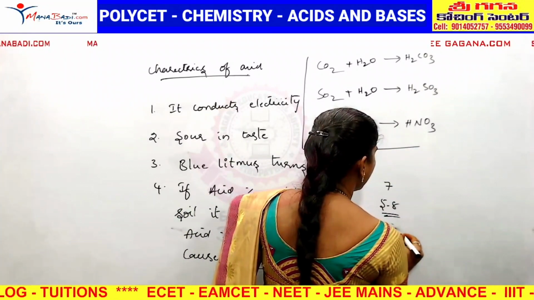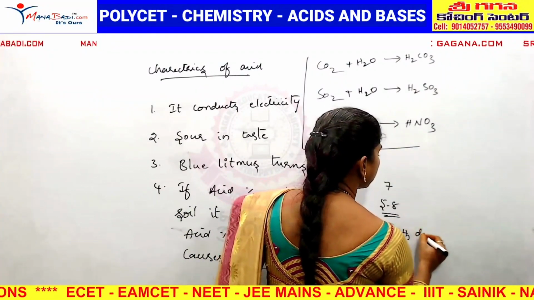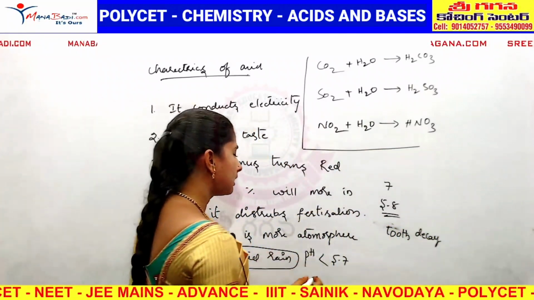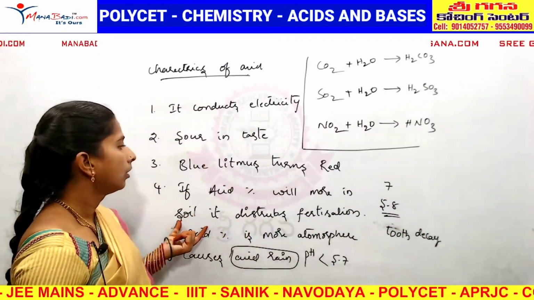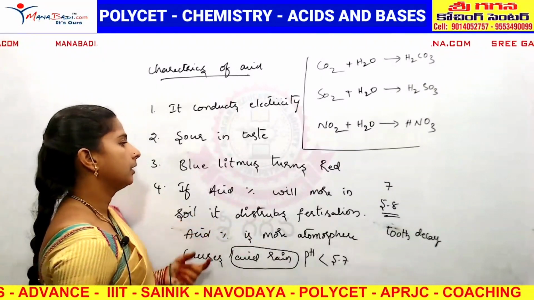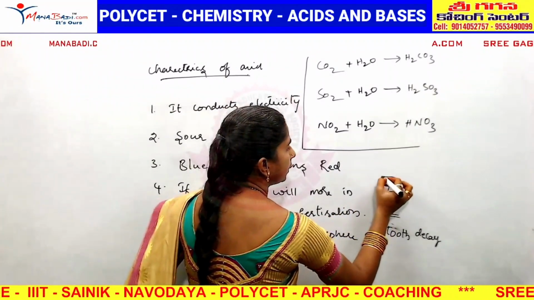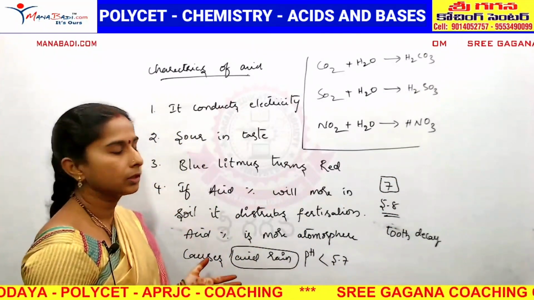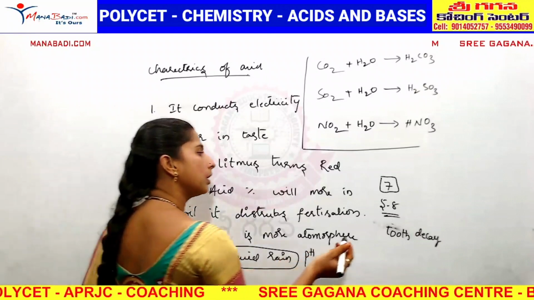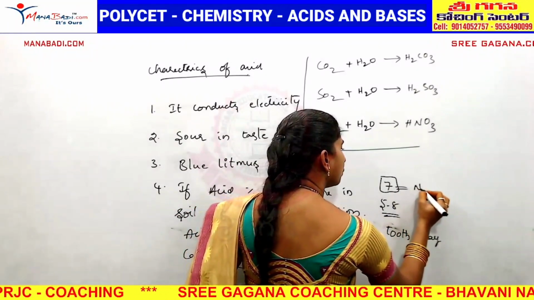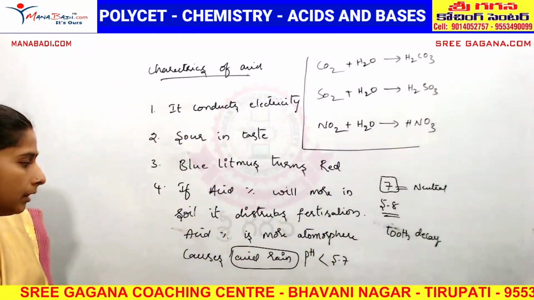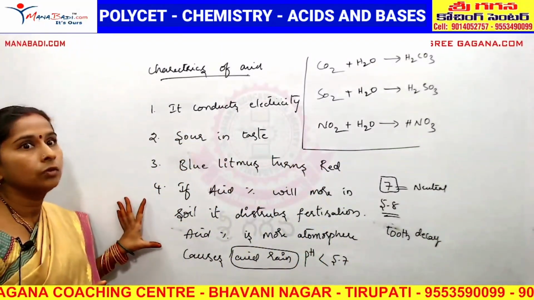And what is the good pH for fertility? That is 7. If pH is 7, it is good for fertilization. pH 7 means neutral: no acid, no base. These are the characteristics of acid.